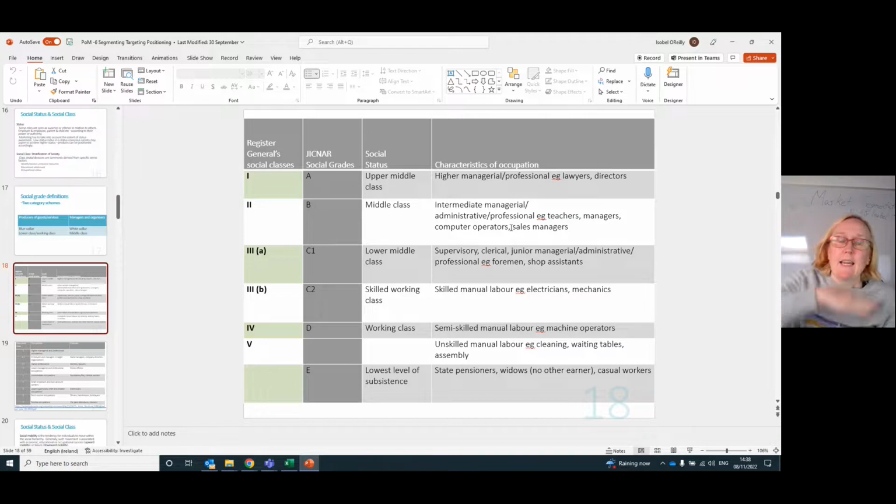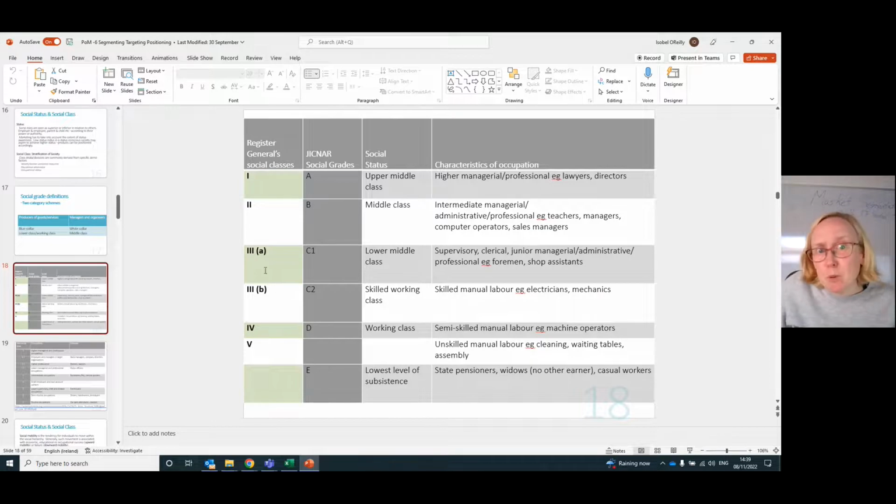So people who are in the mid stage of their career in an already professional occupation would occupy that level. And then, these are still decades-old classifications, so just bear with the terminology and so on.